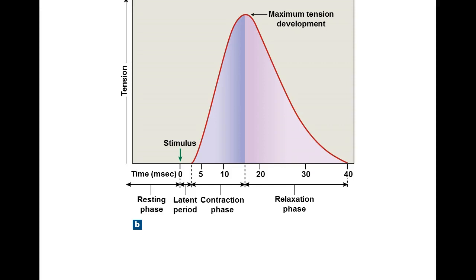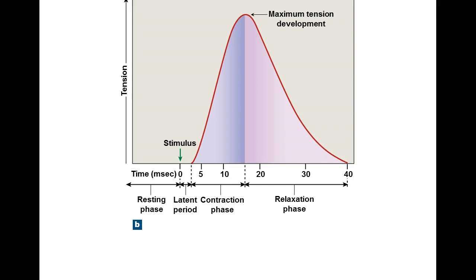And then the relaxation phase is going to take place when ATP is gone. Calcium is reloaded back up into the sarcoplasmic reticulum, and the whole muscle is waiting to have another stimulus and to start another contraction.